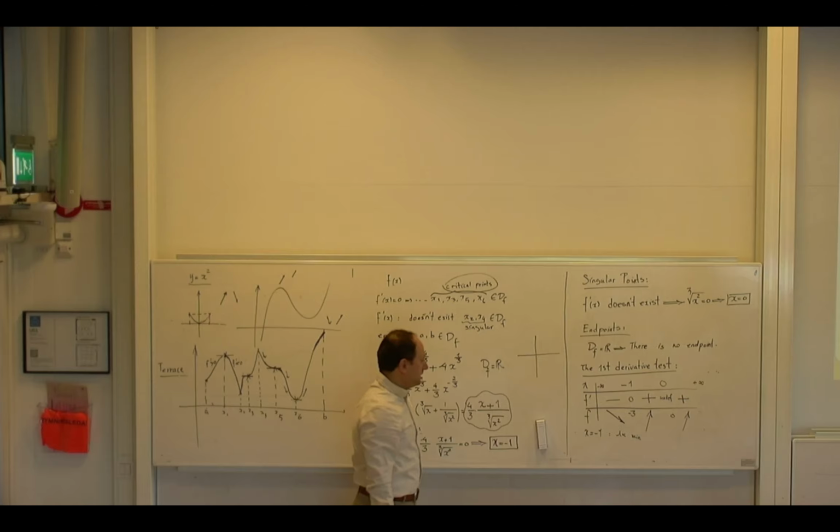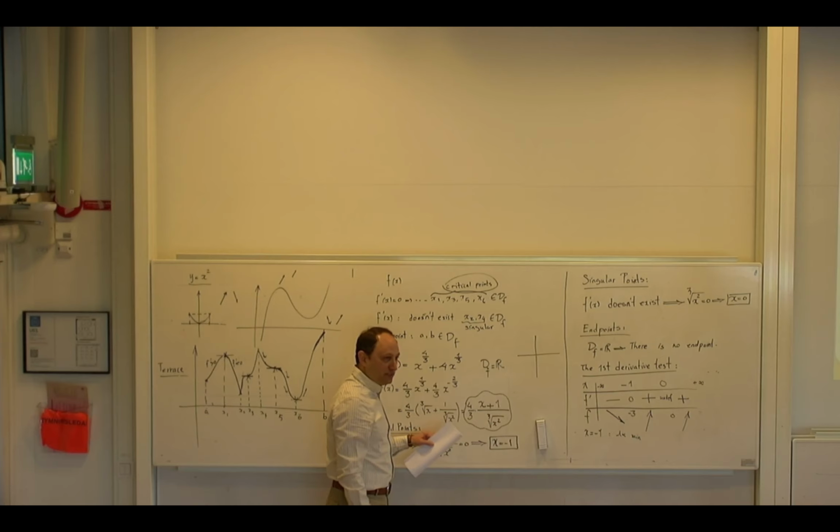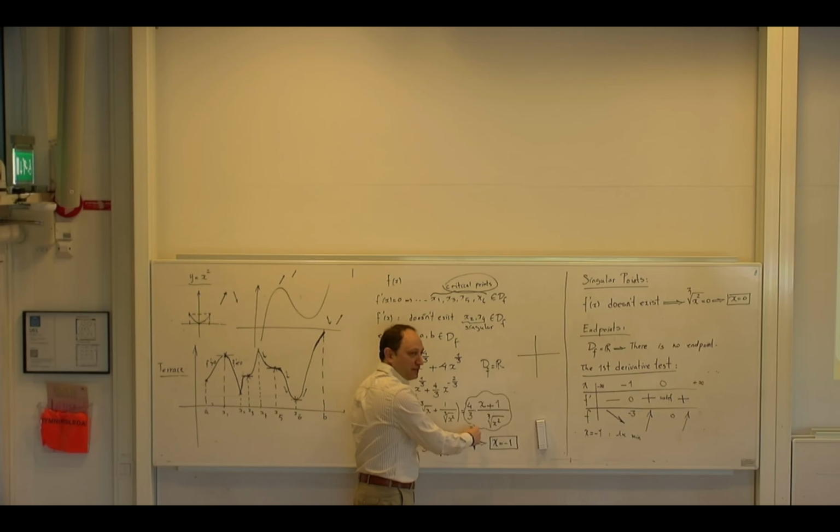Yeah. Because if I put 0 here, it means the derivative is somehow infinity, and it doesn't matter if I am on the left side of 0 or the right side of 0. This is always positive infinity.